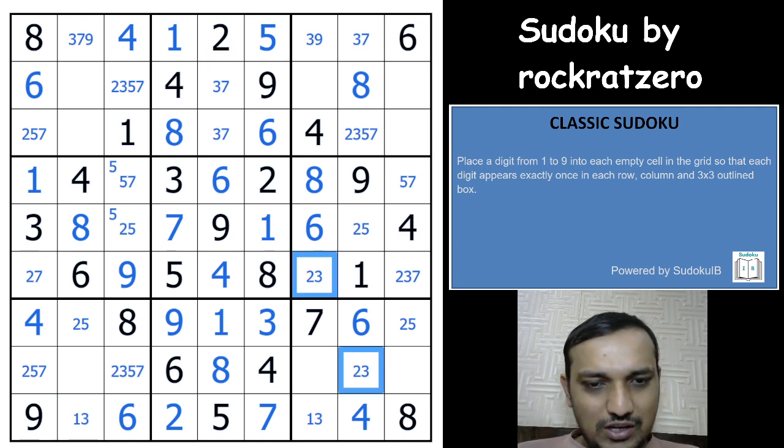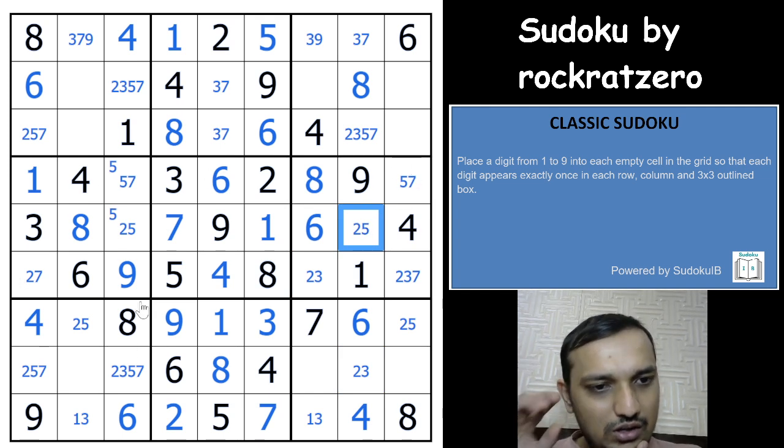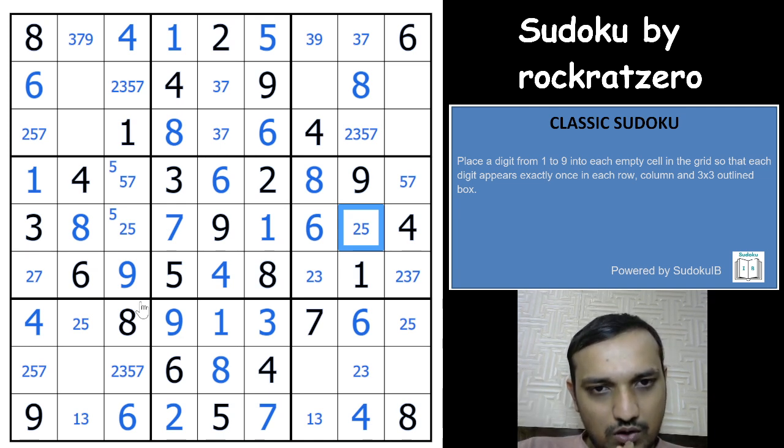Let us go some other way now. This is really complicated, and I wouldn't say it's perfect logic, because I can directly eliminate 2 from this cell now. I can write 5, 7, and then maybe I can just complete this Sudoku. I'll get all these digits here, but let me not go along that direction for now.